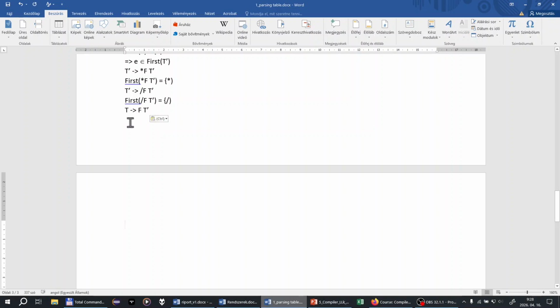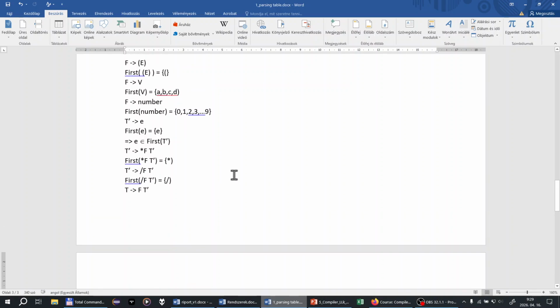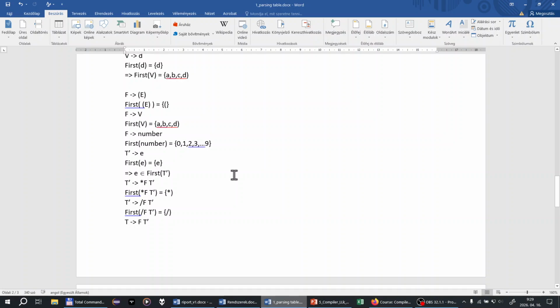We have the grammar rule T to F T prime. First, F T prime equals first F, and what is first F?